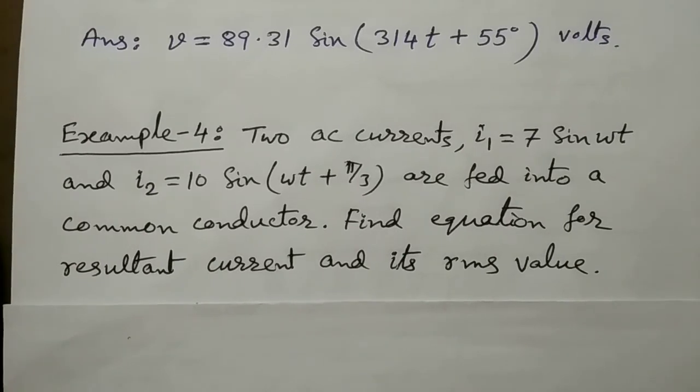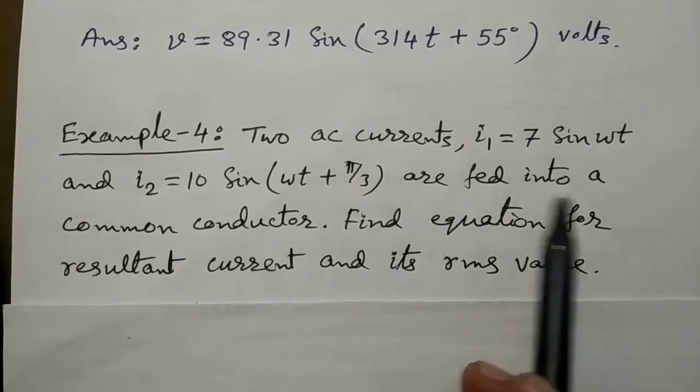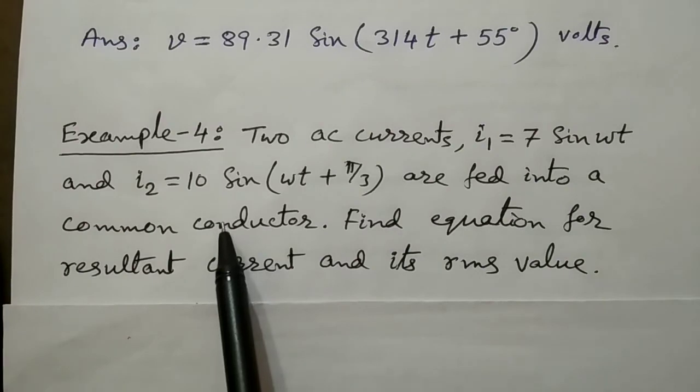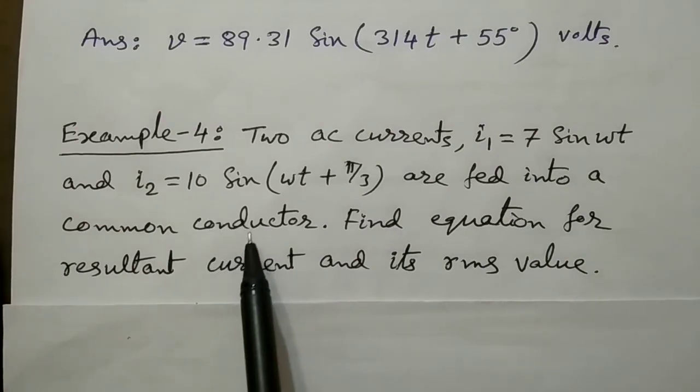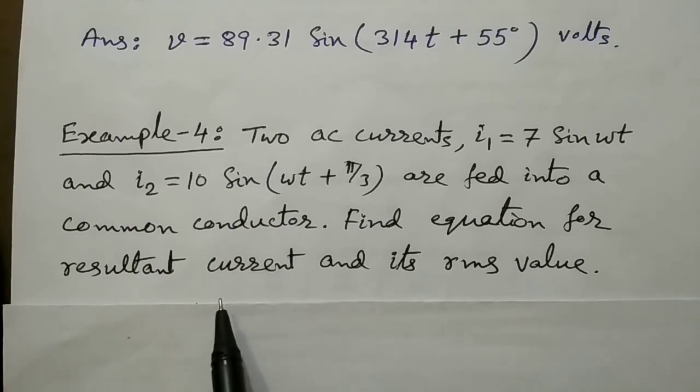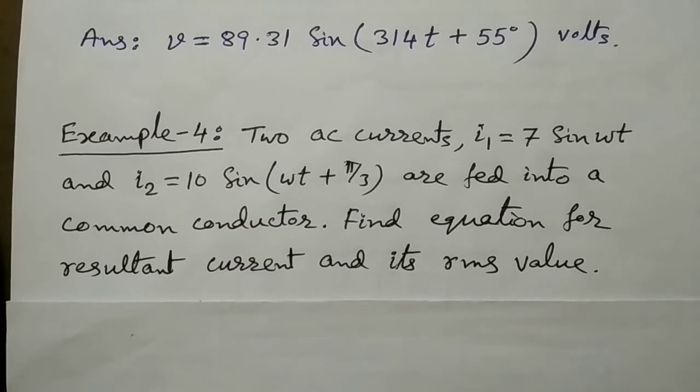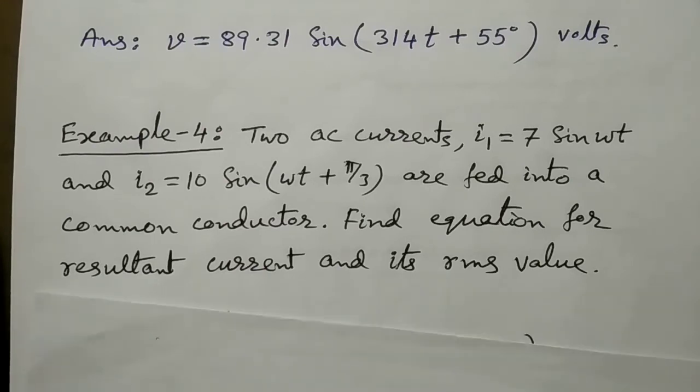In the same process, we can draw the phasor diagram of these two currents. Then we will resolve the components into x and y parts. Then we will combine all the x components separately and all the y components separately. And finally, using the parallelogram concept, we will find the resultant current and also its phase angle.